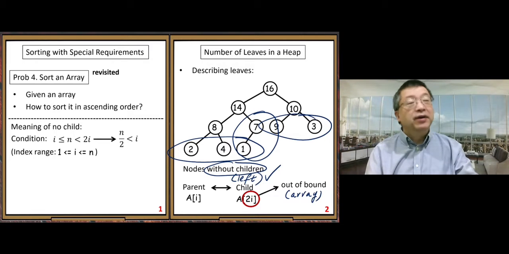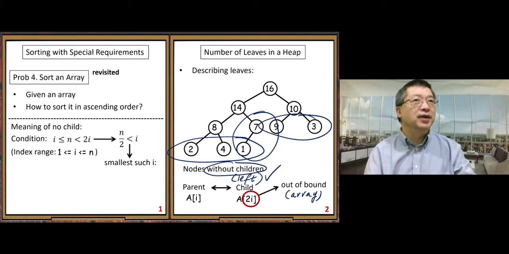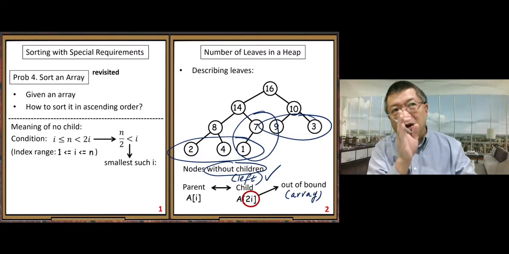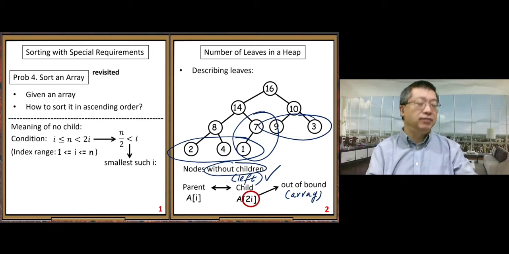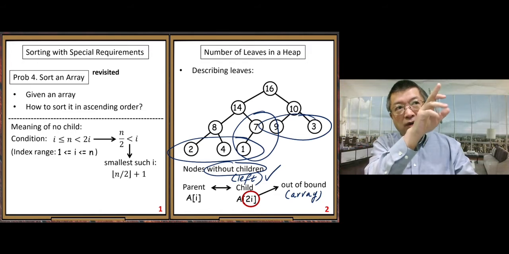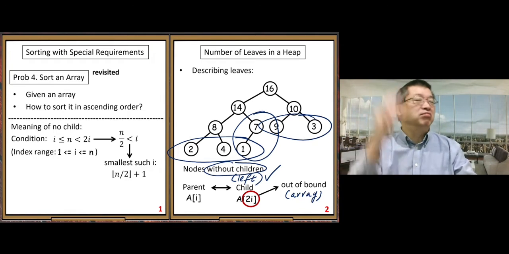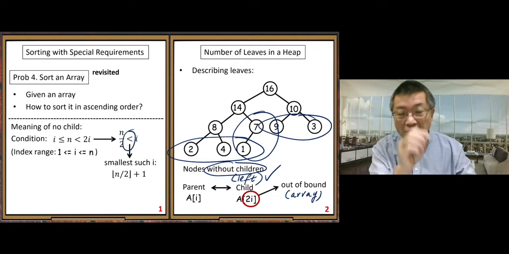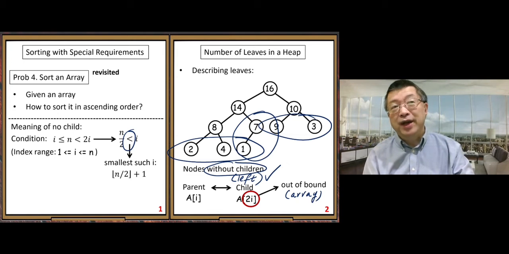All right, so now, what is the smallest such i? We want to find the lower bound for i that satisfies this inequality. The smallest i is the floor function of n over 2, plus 1. Why plus 1? Because it is strictly greater.